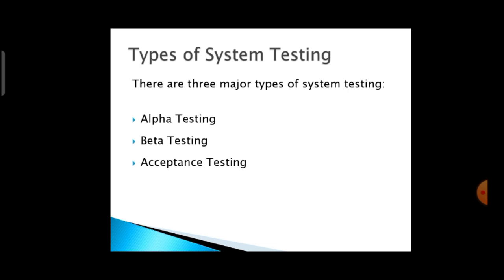Basically, it refers to the system testing carried out by the test team within the developing organization. So the whole system is tested by a testing team within the organization in alpha testing. But in beta testing, it is the system testing performed by a select group of users.